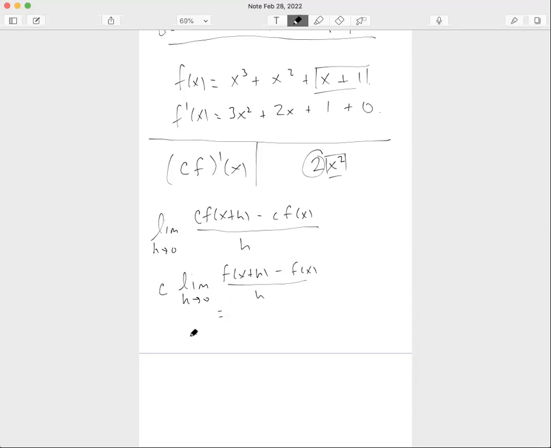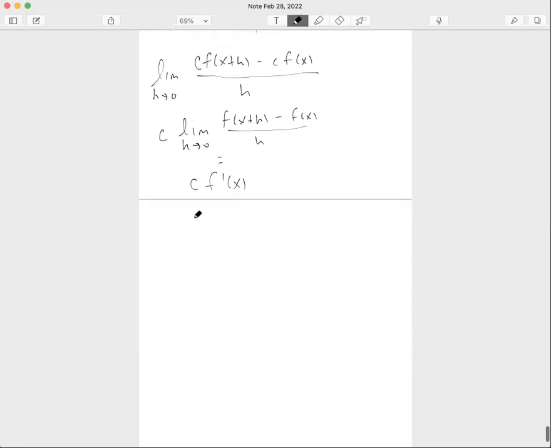So this is very nice. This essentially means you can ignore constants. If my function is 2x squared, the derivative is 2 times whatever the derivative of x squared is.